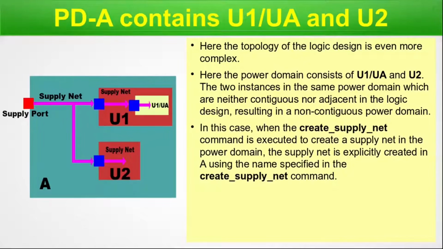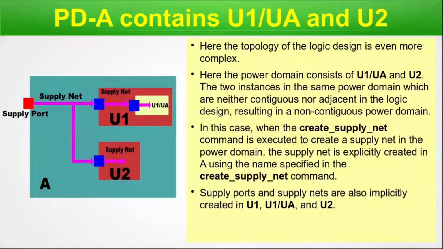In this case, when the create supply net command is executed to create a supply net in the power domain, the supply net is explicitly created in A, that is top level, using the name specified in the create supply net command. Supply ports and supply nets are implicitly created in U1, U1/UA and U2. So explicitly created for top level, implicitly created for all the hierarchies further down, okay?